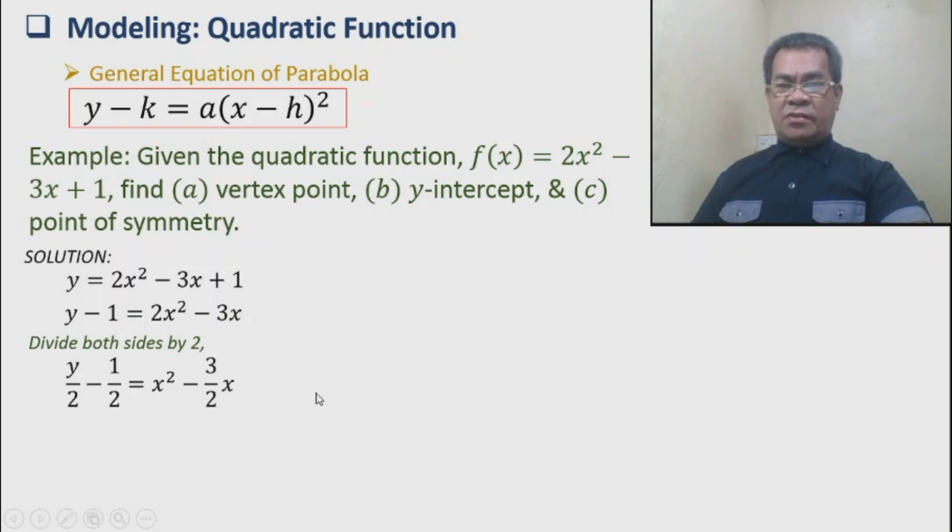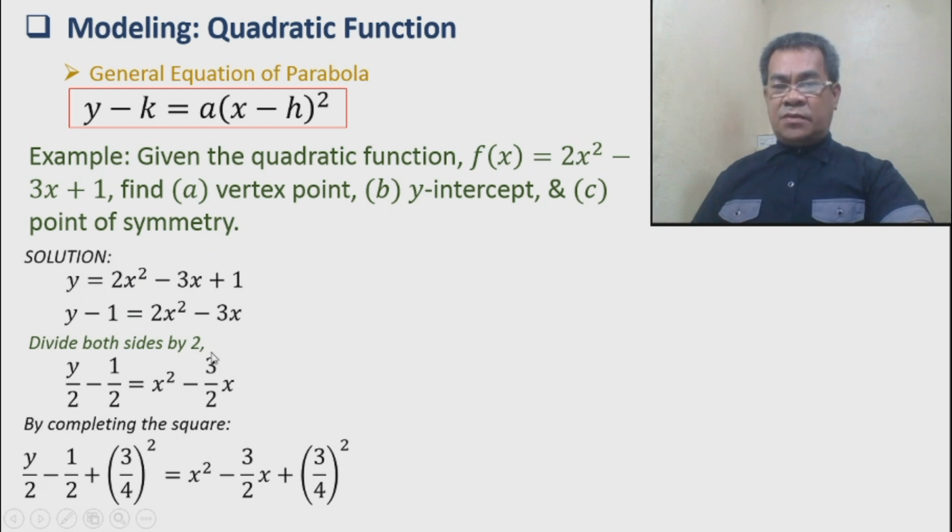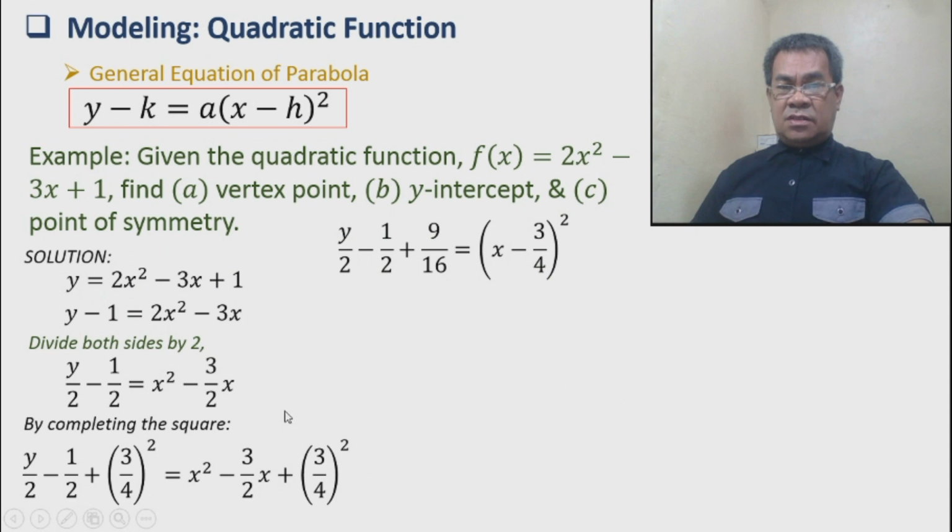So therefore, we are now ready to complete the square. Remember, the strategy of finding the last term to become perfect: divide the coefficient of the first degree variable by 2, then square. So it should be 3 over 4 squared. You added a term here, so you must add the same term on the opposite side. Then combine, this is 9 over 16, okay?